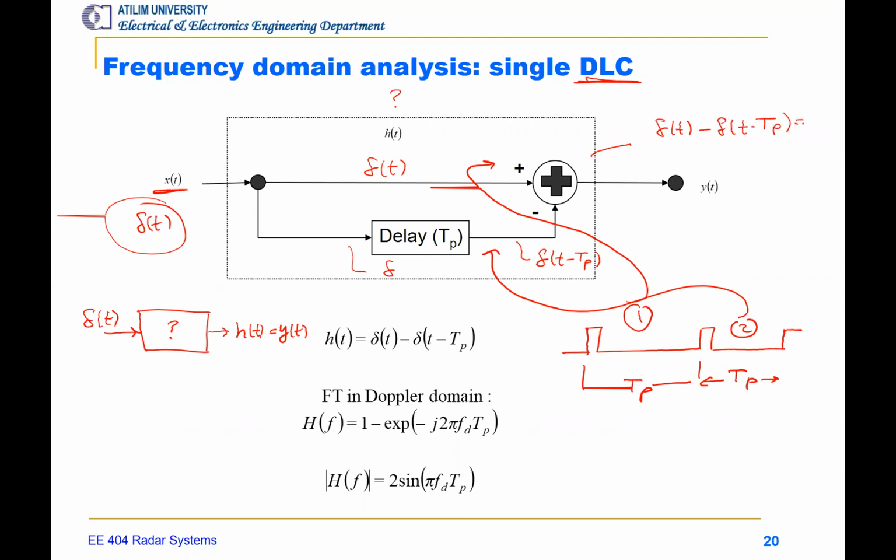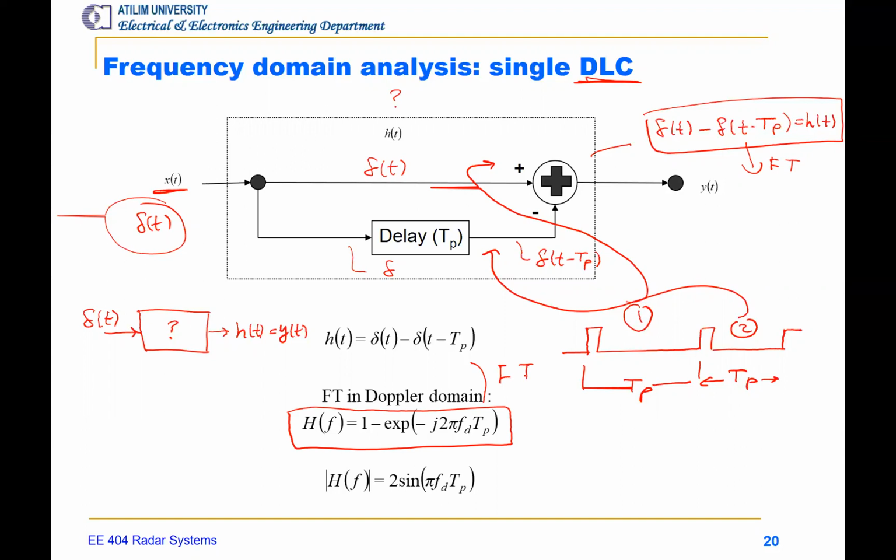which is going to be the impulse response of the system. So this is the time domain signal. Now we can take the Fourier transformation of this and see that the transfer function becomes this. We know this from the Fourier transform table or the textbook, so we can easily write this.